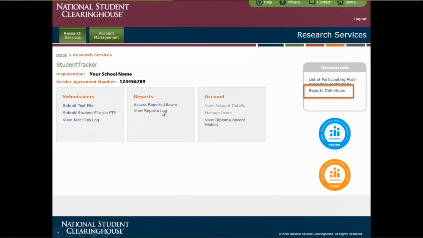I think there's tutorials on all of these different options. But what we want to point out is over here is the reports definition. This is basically the exact same content that were the last 2 pages of your basic packet. We just pull them out separately because it's a good resource in case you might have misplaced something. We're just pointing out that they're here for you to be able to access.